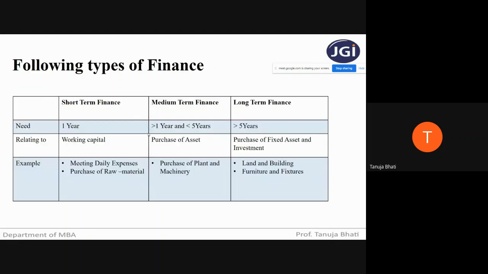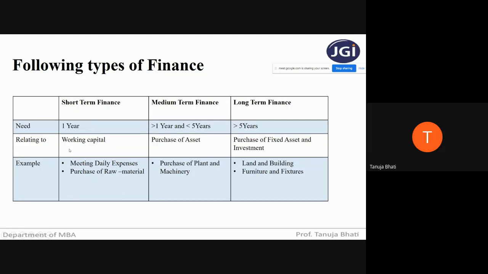Now, a company may want short-term finance. Short-term finance is when the company wants it only for a period of 1 year or less than 1 year. If the finance required by the company is for a period of 1 year or less, then it is termed short-term finance and the need of the company is a short-term need. Why will a company need short-term finance?